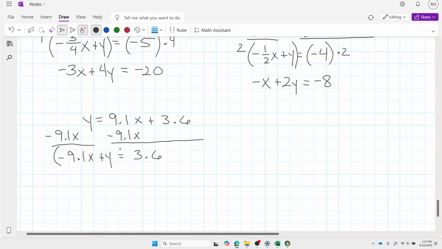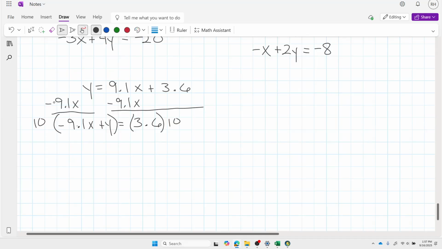So if we multiply the whole left side by 10 and the whole right side by 10, 10 times negative 9.1 is negative 91x plus 10 times y is 10y, and that's equal to 3.6 times 10 is 36.